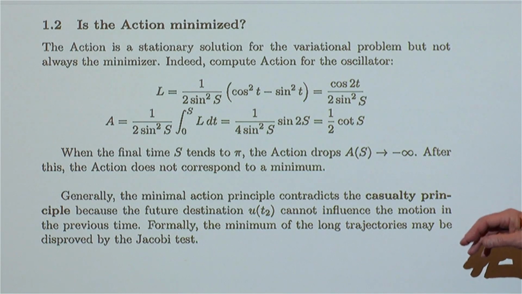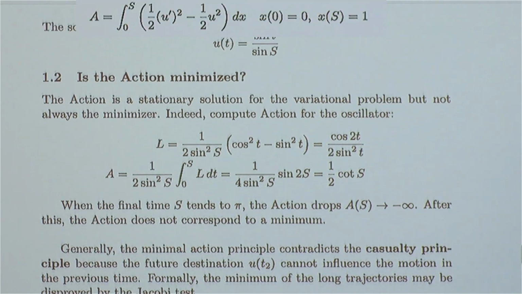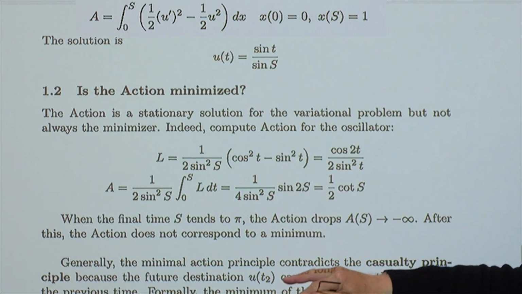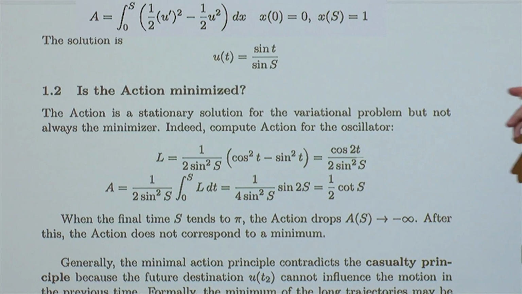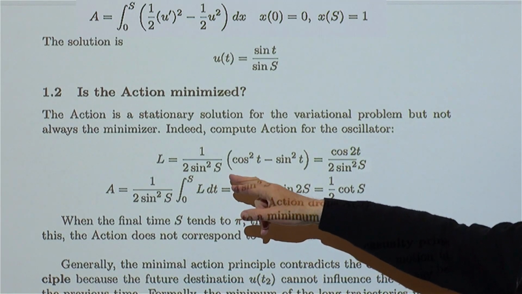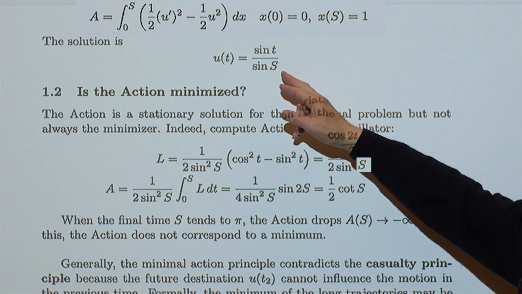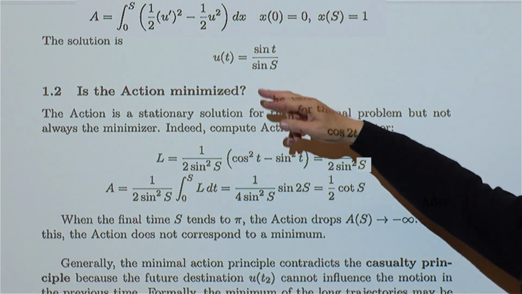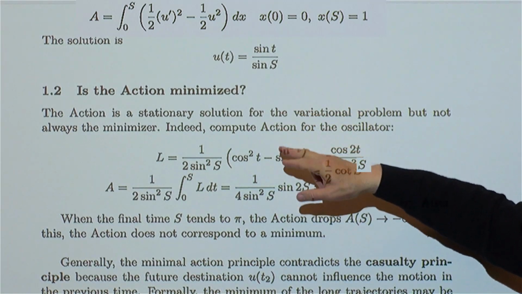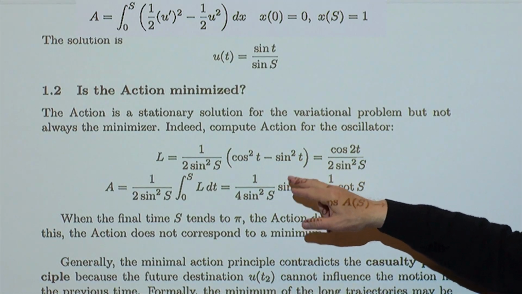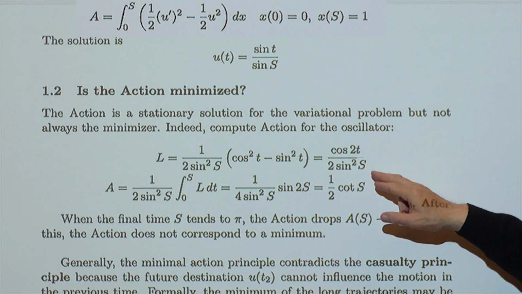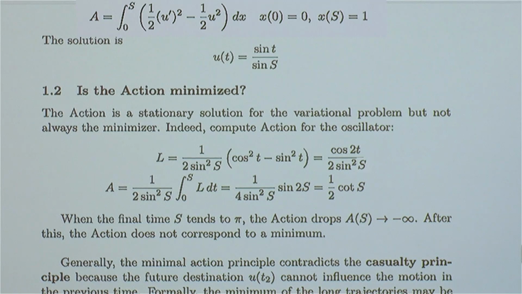And to show it, it is enough to look at our example. Since we know u, we could substitute this u into the action and compute first the Lagrangian, the expression under the integral sign. The derivative of sine is cosine, and then you have the square of cosine minus the square of sine, or cosine of 2t divided by sine of s, actually s here. I'm sorry, I misprinted.